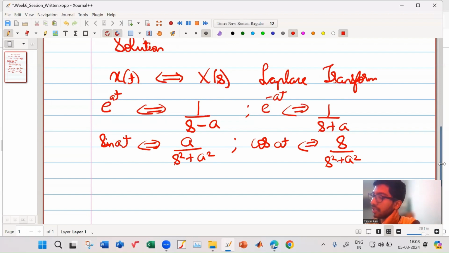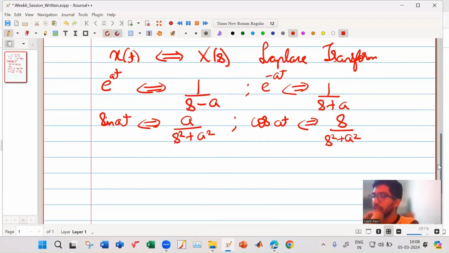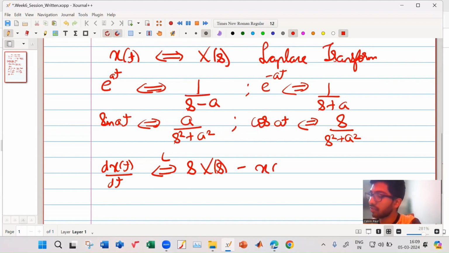Then there is one more aspect: what is the Laplace transform of dx by dt? What is its Laplace transform? It is s into x of s minus x of 0.